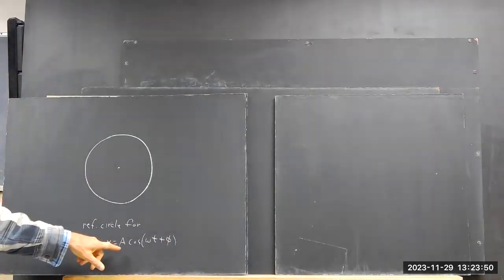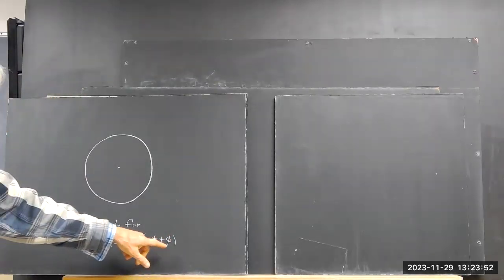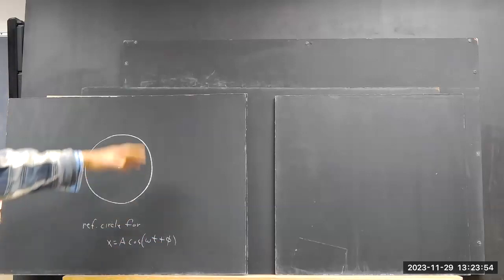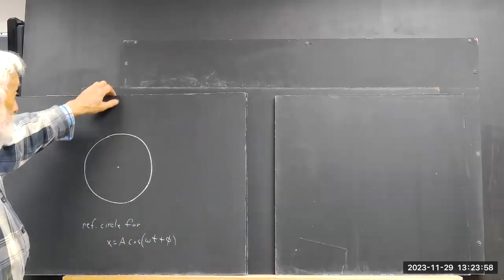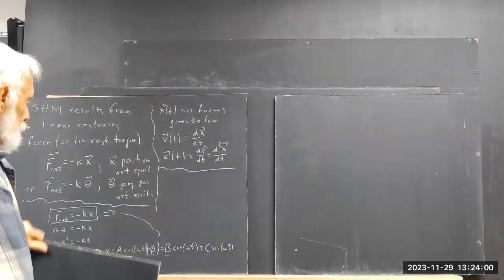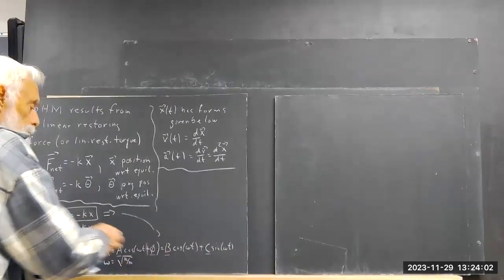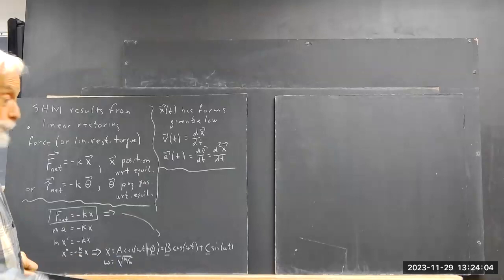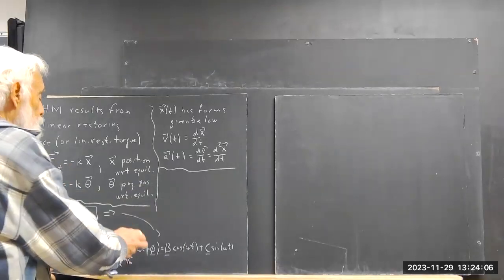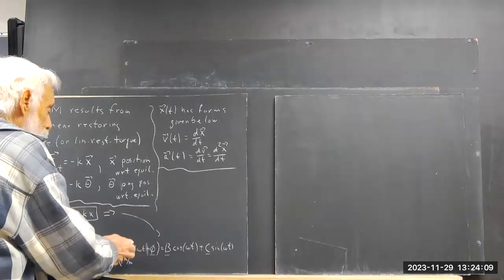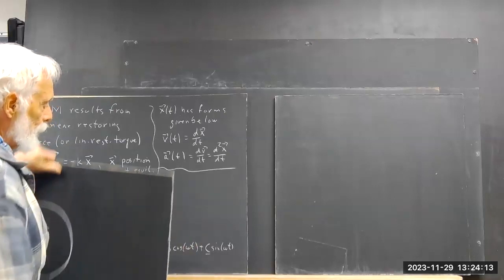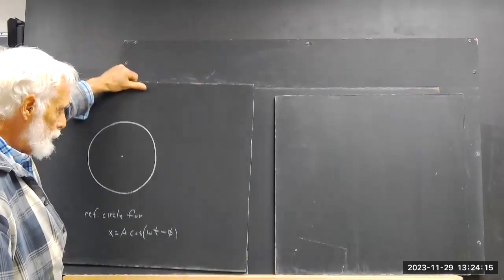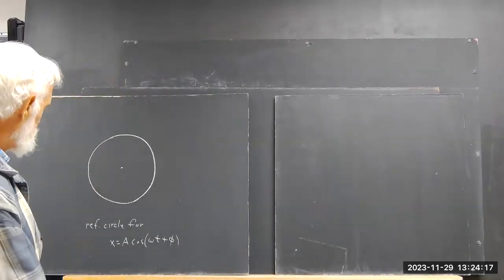Then we'll do this for x equals A cosine of omega t plus phi. This is the form that relates to the reference circle. Now, it should be obvious that using trigonometric identities and so forth, it's easy to go from this form to this one, or vice versa. The sum of two angles formula for the cosine gets from here to here, and also gets you from there to there, usually in the opposite direction.